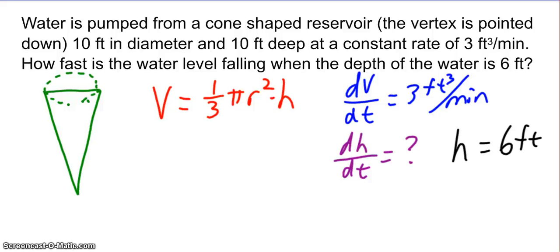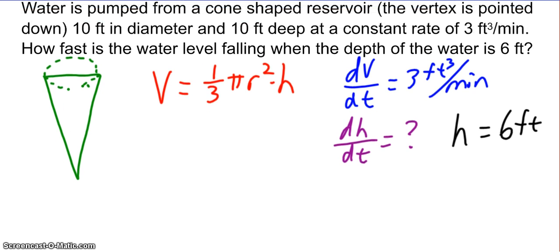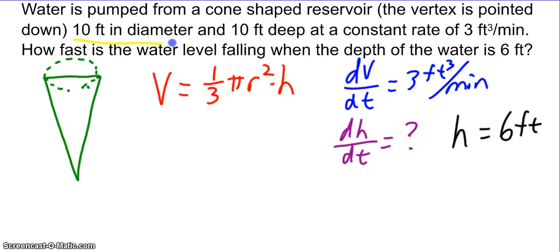So I need to find a relationship between h and r so that I can substitute into this volume equation for one of those variables. In this case, I want to substitute in for the r because I'm trying to find dH/dt and I know h. So what's a relationship between h and r? Well, that's where the 10 feet in diameter and 10 feet deep come into play.